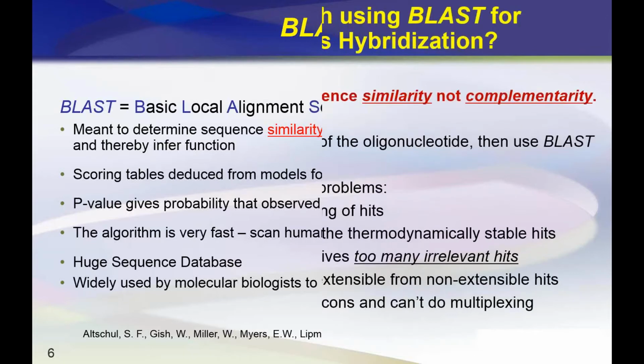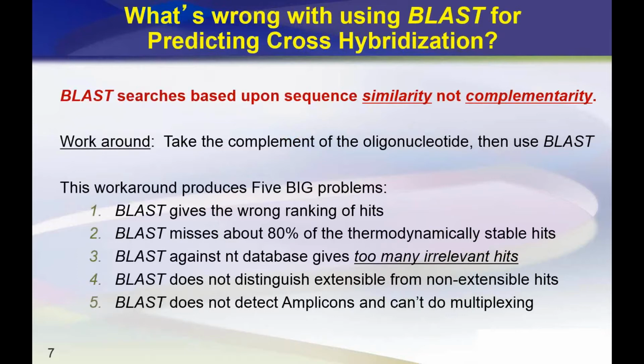All right, so what's wrong with using BLAST for predicting cross-hybridization? When it comes right down to it, the main disadvantage of BLAST is that it searches based upon sequence similarity, not sequence complementarity, which is what we're interested in if we want to scan a primer or probe against the genome database.